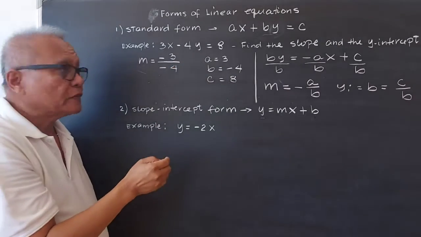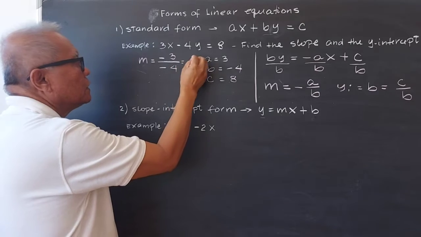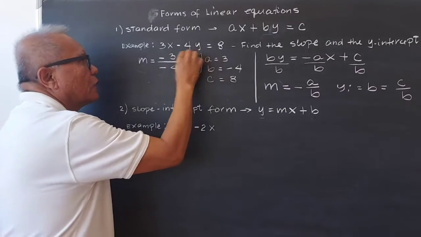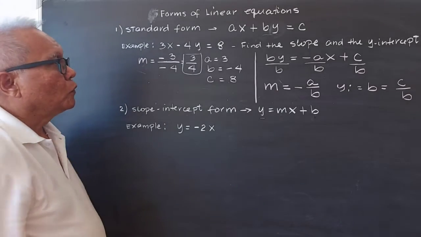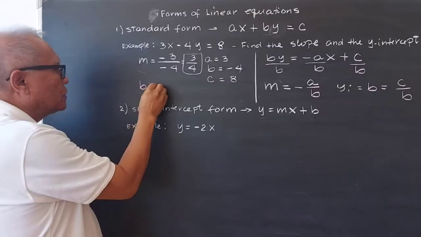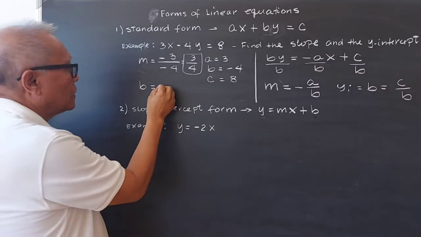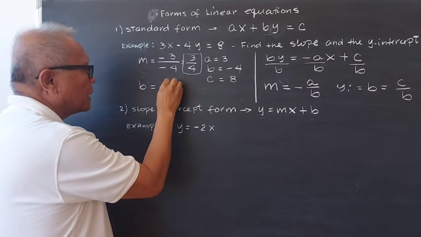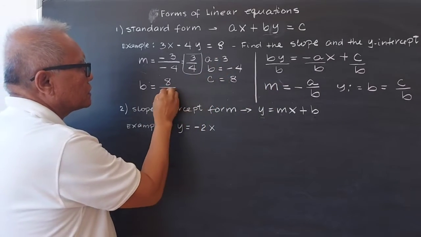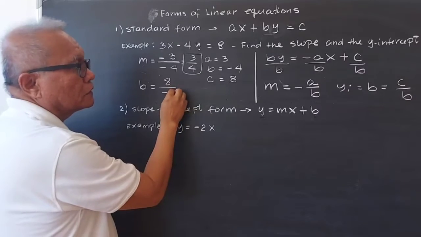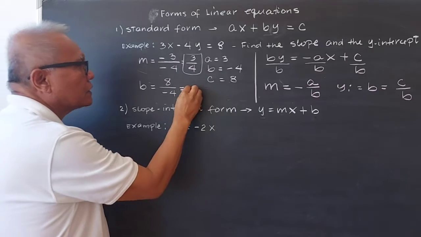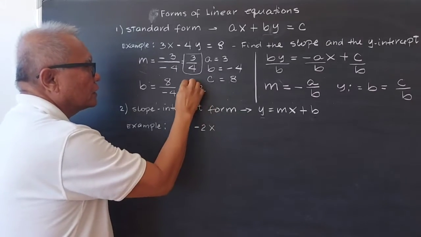So our slope is positive 3 over 4. What about the y-intercept, or the b? Our b is equal to c, which is 8, divided by the b here, which is negative 4. So our b here is negative 2.